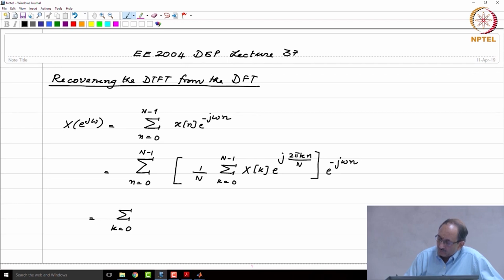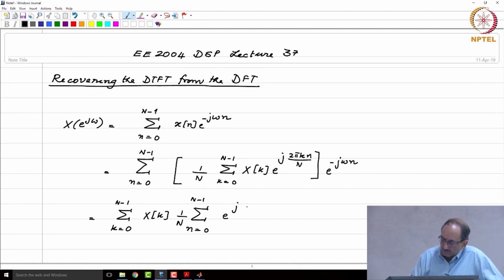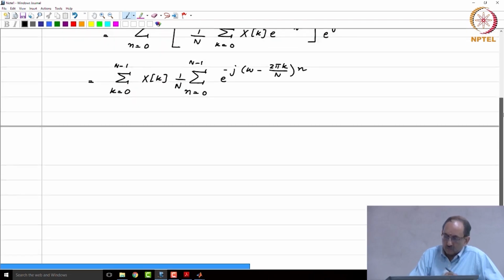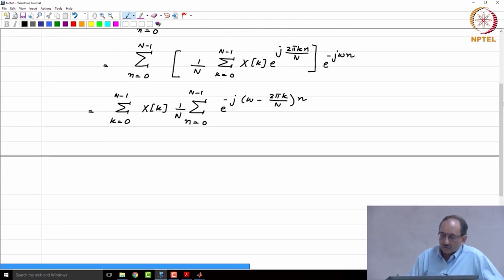So you have k going from 0 to N minus 1, X(k), and here you collect all the other terms, n going from 0 to N minus 1, 1 over N e^{j(ω − 2πk/N)n}.